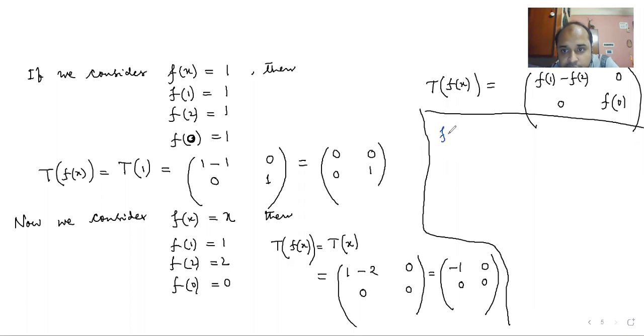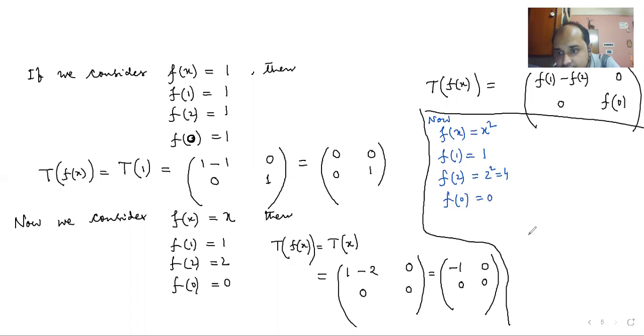Now if we consider f(x) to be x square, we get f of 1 to be 1, f of 2 to be 4, that is 2 square, and f of 0 is equal to 0.